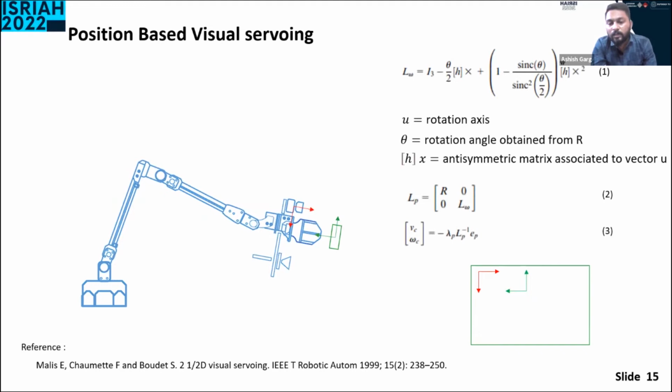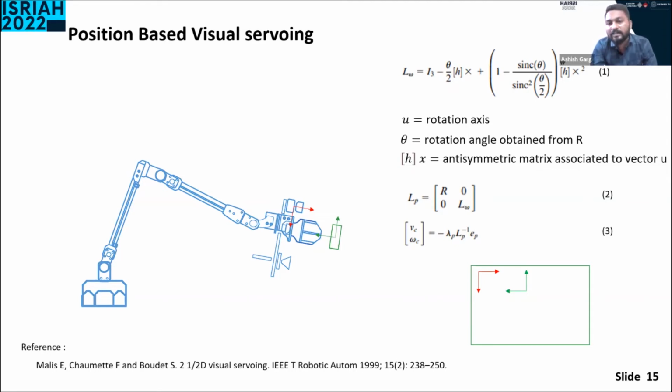This is the mathematical model. The third equation is similar to the one we concluded in image based visual servoing. The velocity of the camera can be easily calculated by creating a proportional controller with a mapping matrix. LP is the mapping matrix. It maps the rate of change of pose to the camera velocity, whereas in image-based visual servoing it maps the rate of change of features to the camera velocity.